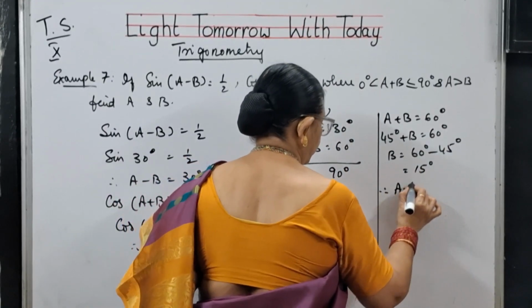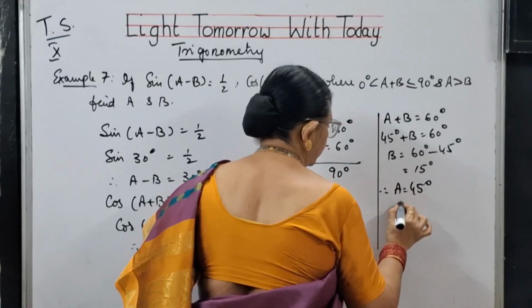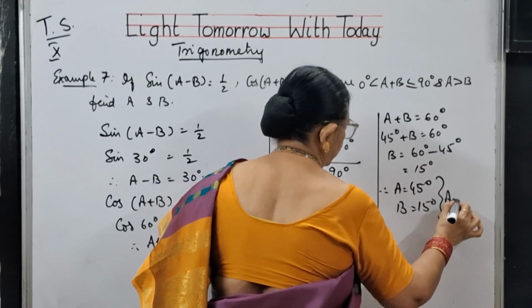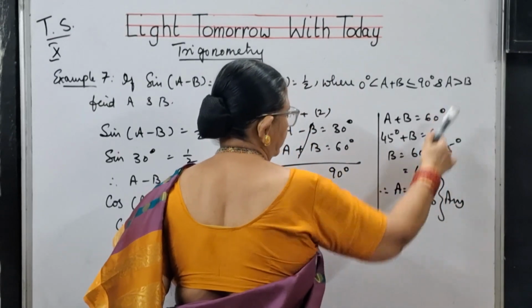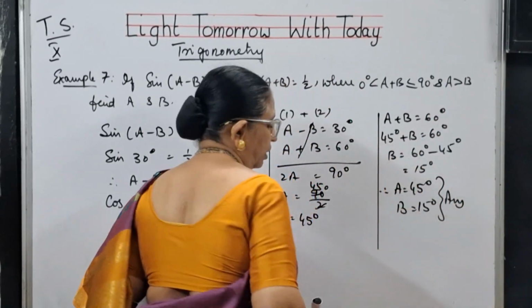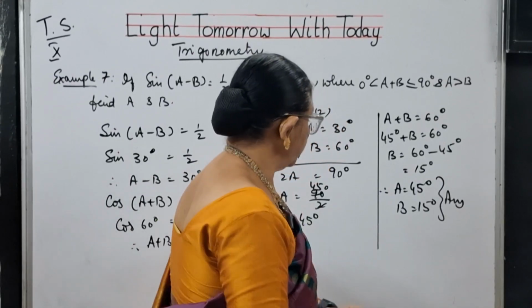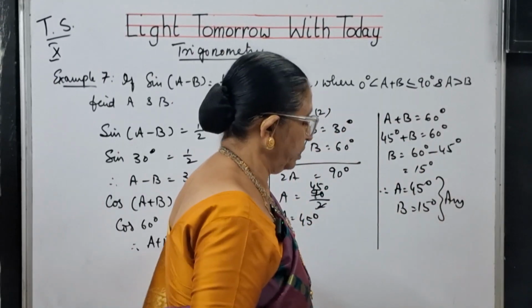Therefore, A is equal to 45 degrees, B is equal to 15 degrees is your answer, children. So A value is greater than B. We have got A 45 and B is 15. So this particular statement is satisfied here.